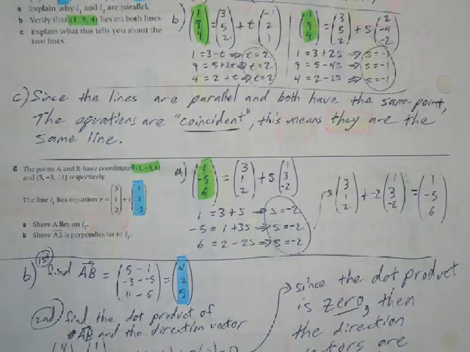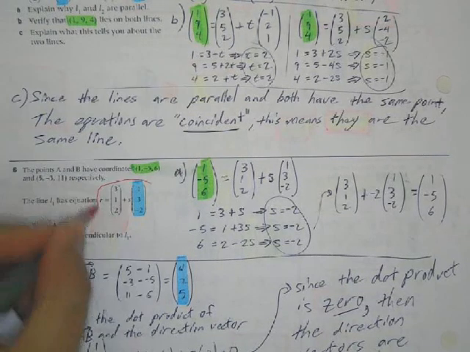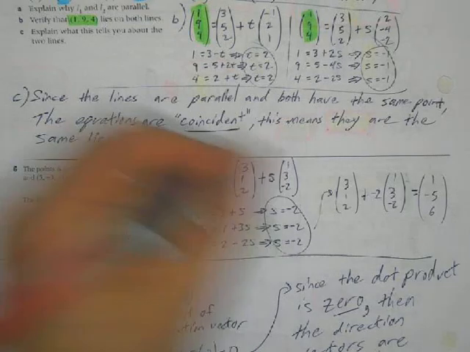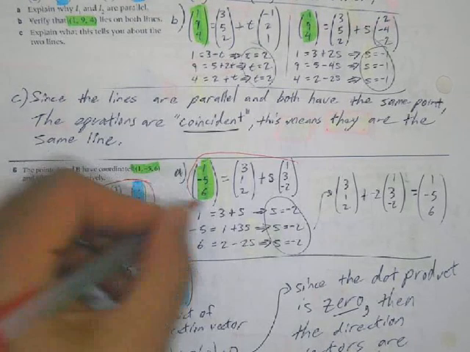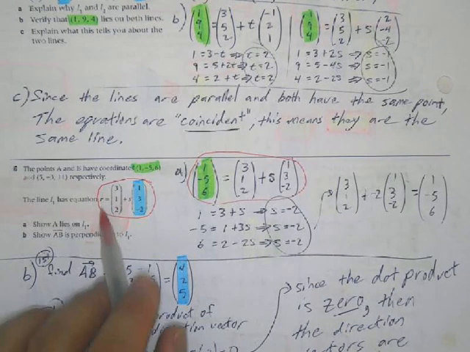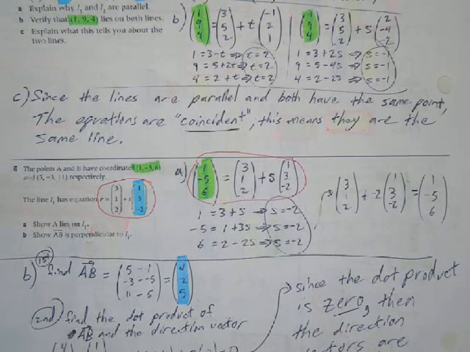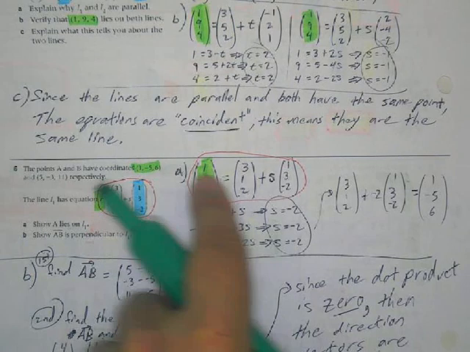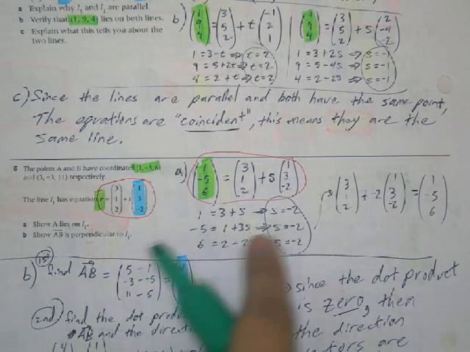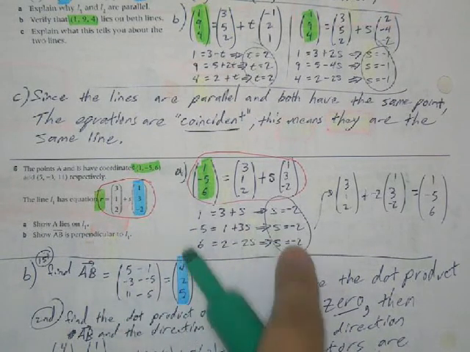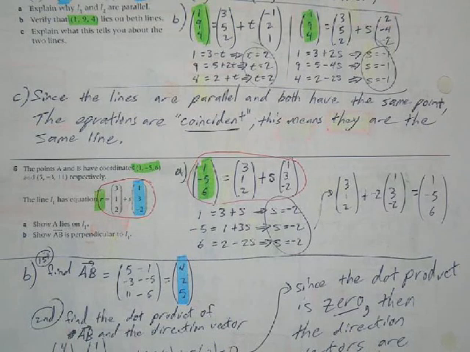I put that into this equation here, but instead of r, I've got 1, 5, negative 6. And then I rewrote this in parametric form, and indeed I get the same value of s for each one. So I've shown that it is on the line.